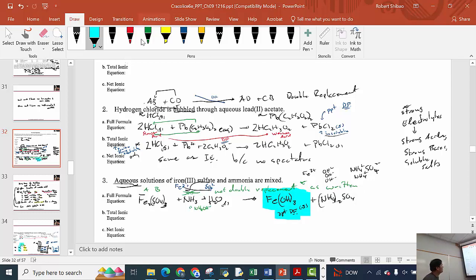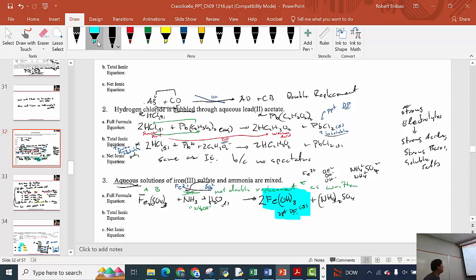If we have a driving force, let's go ahead and balance it. How do we balance this? How many hydroxides do we need? It depends. We have 2 irons here and I have 1 iron here, so I need to multiply this one by 2.